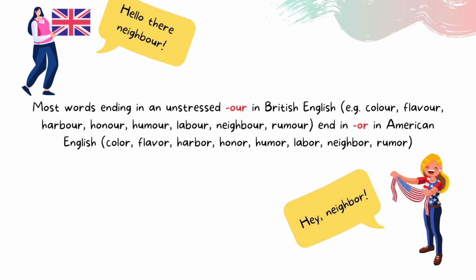The spelling differences between the two Englishes are very apparent, based on most words ending in an unstressed OUR in British English would end in OR in American English. For example, color, spelled COLOUR in British English and COLOR in American English.